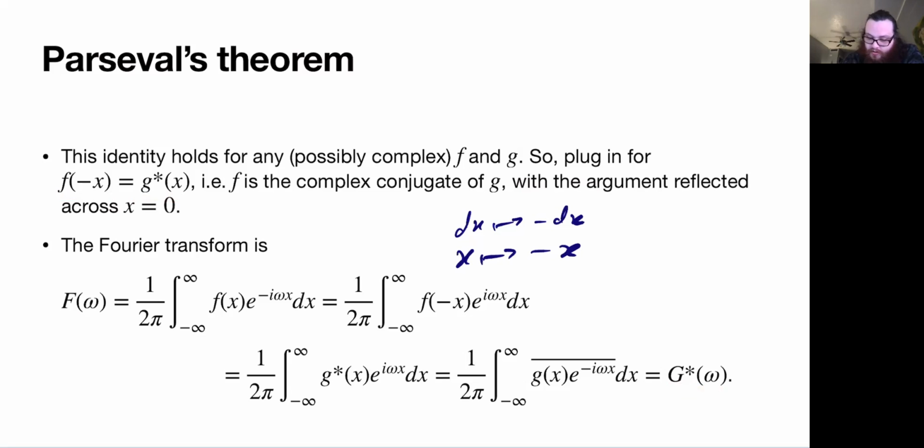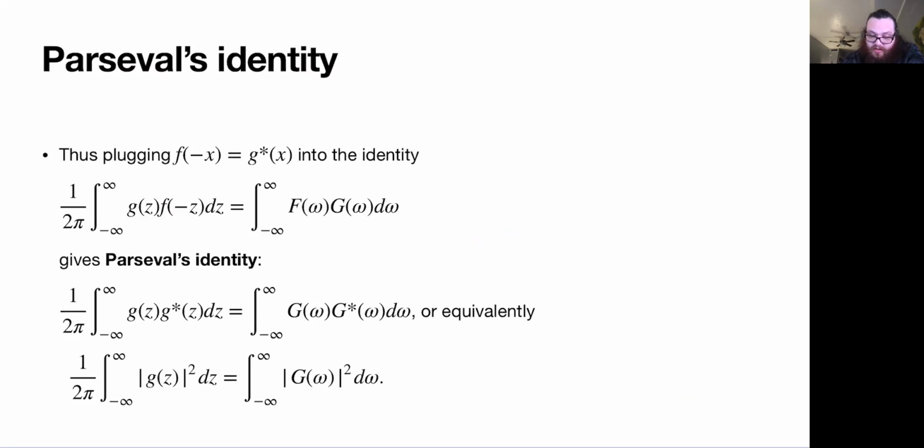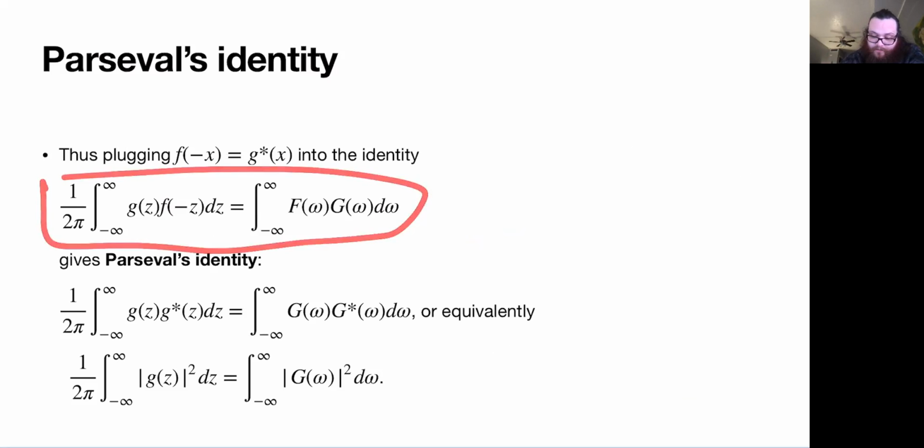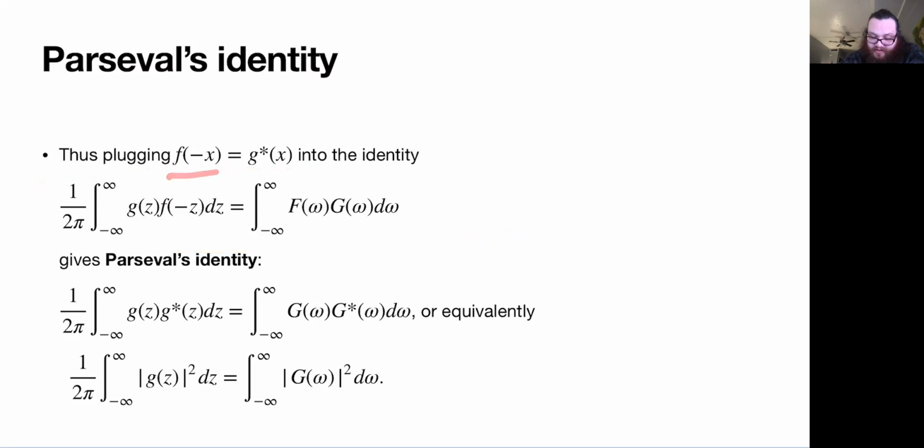Okay, cool. So let's plug it into the identity, right? This was the identity. Plug in f of minus x is g, or the complex conjugate of g, to here. Likewise, we saw that for this choice, f of omega is g star of omega, the complex conjugate of g.